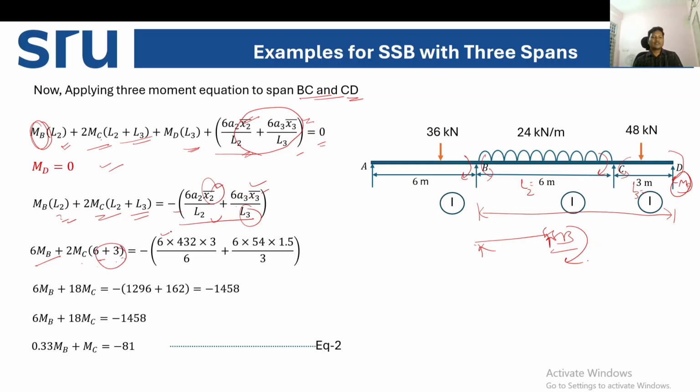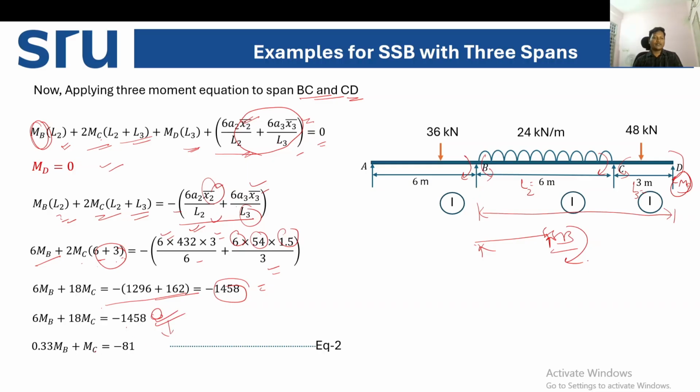So minus 6 into area 2 into X2 bar by 6, plus 6 into area 3 into X3 bar by 3, that is your L3. If you rewrite this equation, it is 6 MB plus 18 MC is equal to minus 1296 minus 162, that is minus 1458.